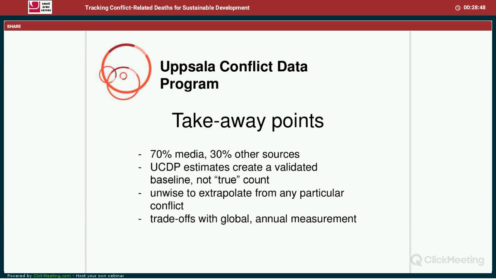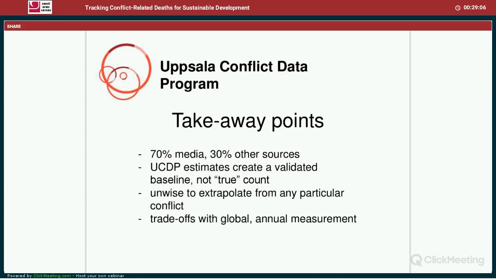Finally, just in closing, our mission at UCDP is to make some sort of annual global fatality estimate of armed conflict. Given that aim, we're using what we consider the best possible methodology, really only the viable methodology that we can use given that aim.